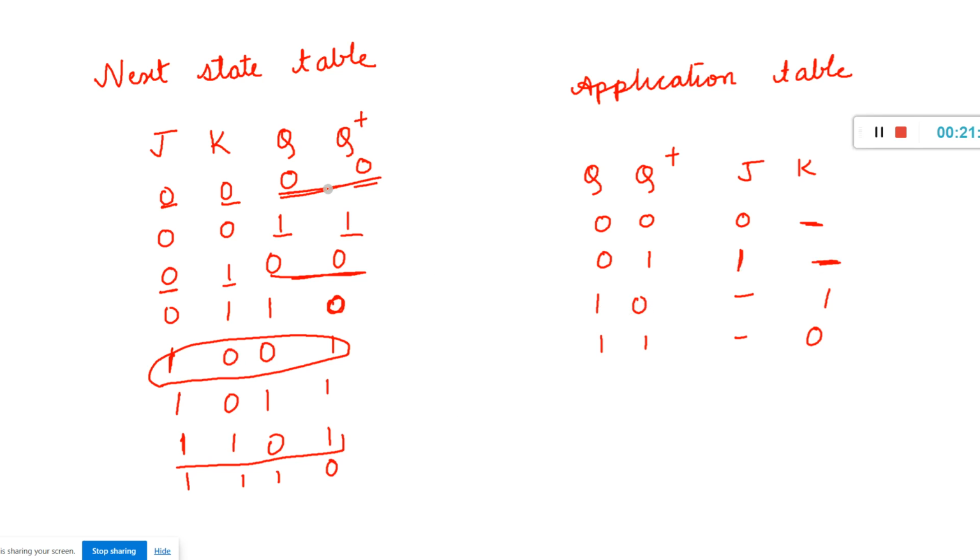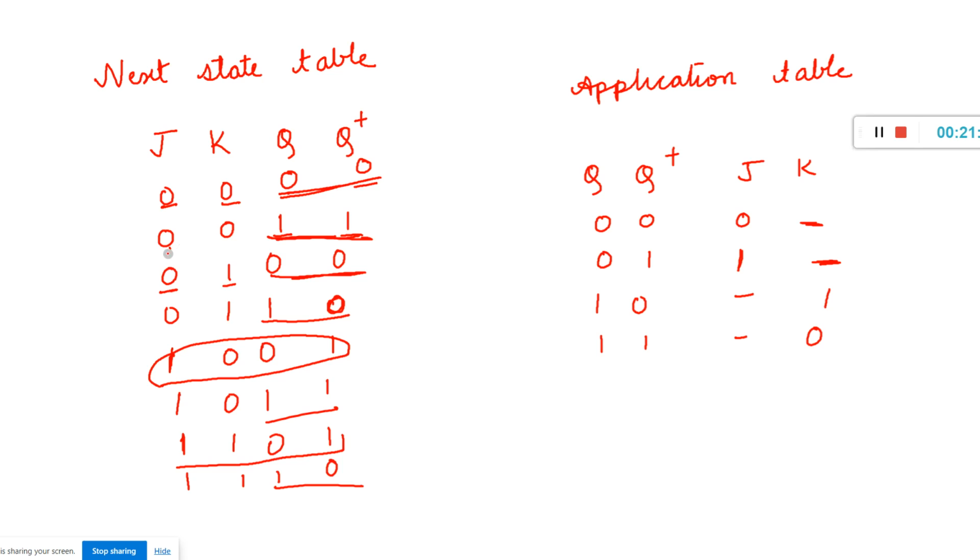Next 1 0. I have to search 1 0. Where is 1 0? Here. Next 1 0, where is it? Here. So J is 0 and 1 also, which means dash. K is here 1 and 1, so 1. Next both are 1 1, this row and this row. Here it is 0 1, J is 0.